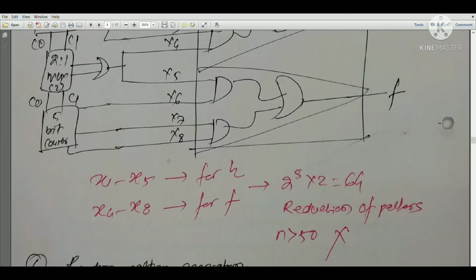So for H we have 5 inputs, and for F we have 5 inputs. Since we have divided it into 2 cones, the number of test vectors required is 2 to the power 5, because 5 inputs are there. 2 to the power 5 equals 32, and 32 times 2 equals 64. So a reduction of patterns is observed here.